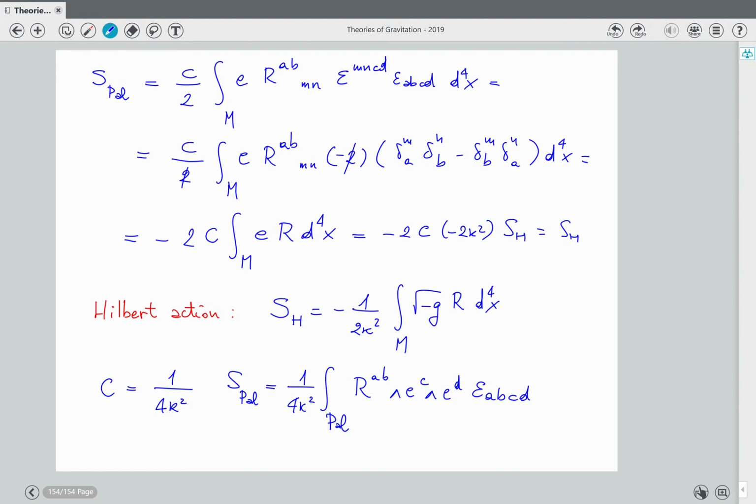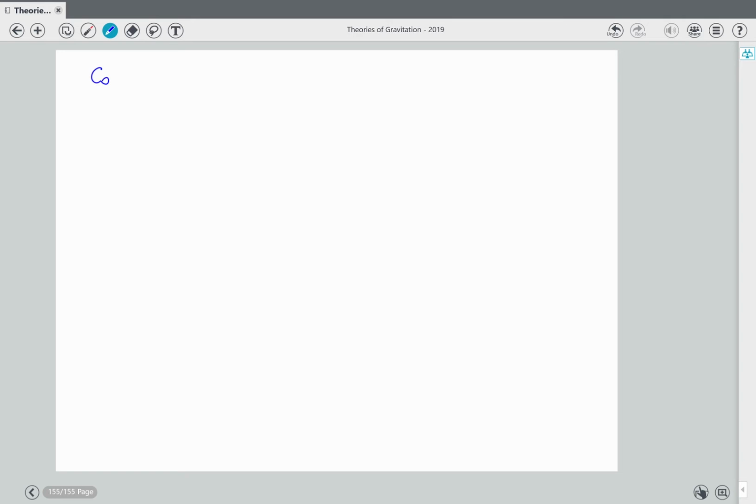We can write in a similar way also the cosmological term. And that is the integral on M of E^A E^B E^C E^D epsilon_{ABCD}.